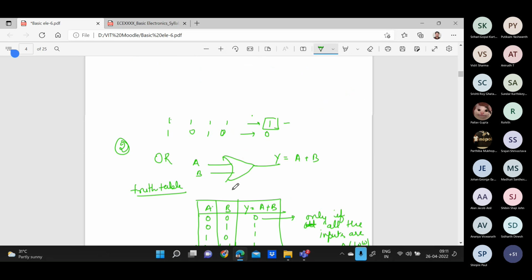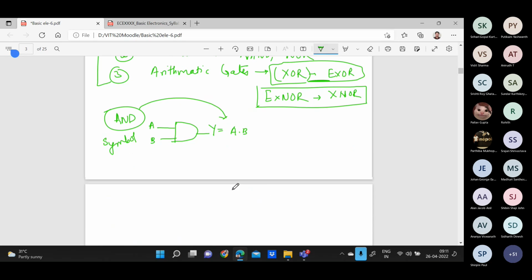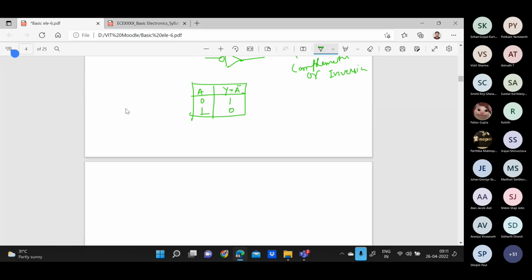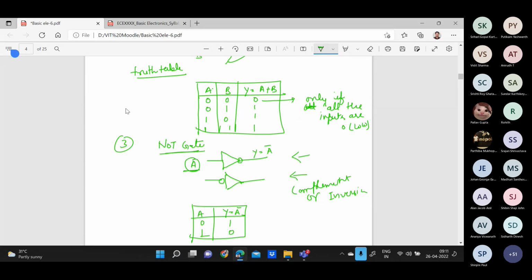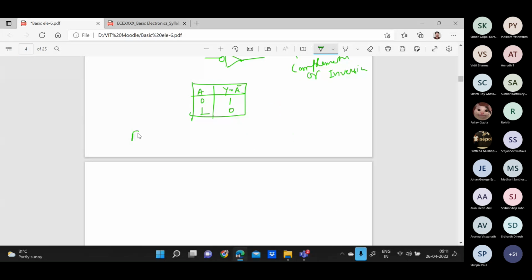Now, we have seen the basic gates. The basic gates are AND, OR, and NOT. Now we have the universal gate. Why? What is the meaning of a basic gate? See, with the help of these basic gates, you can design any circuit.